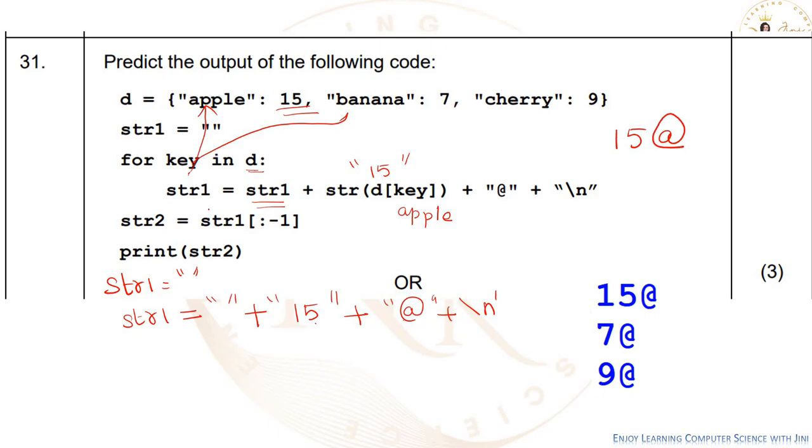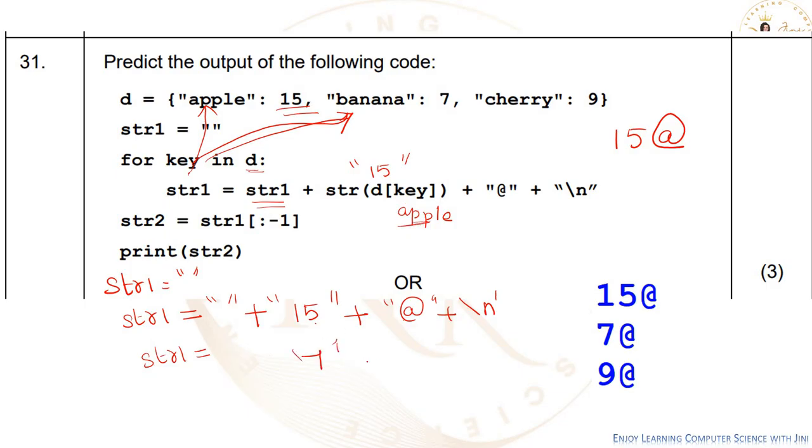Okay, now this is done. Now we are going to the next. The next key is banana, right? Now str1 is already there. Along with that, what is the next character? D of banana is 7.